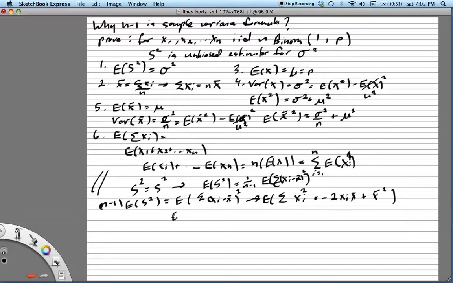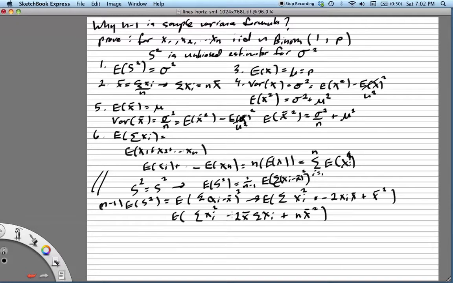So now we get the expected value. We have this piece, sum xi squared minus, okay, in our summation, x bar and 2 are a constant, so we get minus 2 x bar sum of the xi's plus, well, this is a constant. It'll come out of the summation notation, and we're summing from 1 to n, so you would just end up with n x bar squared.